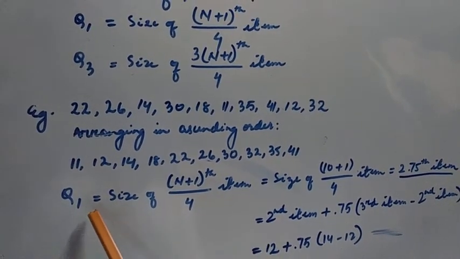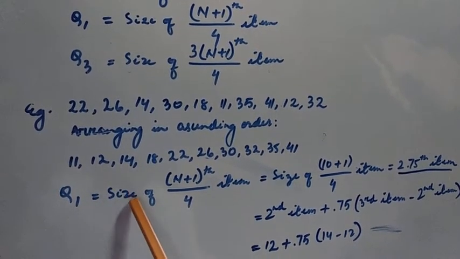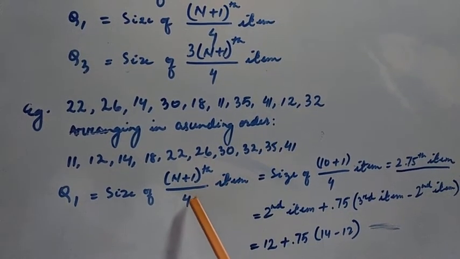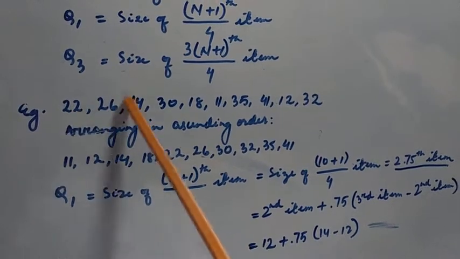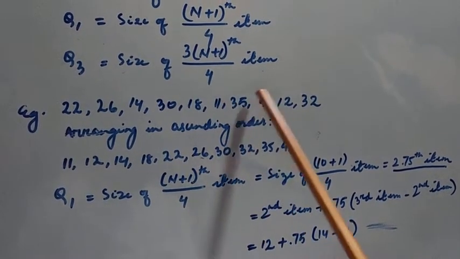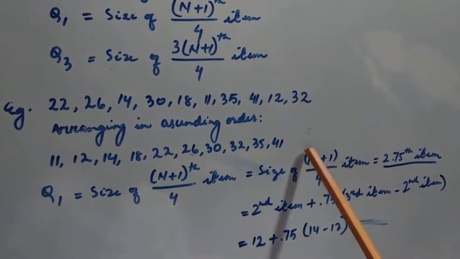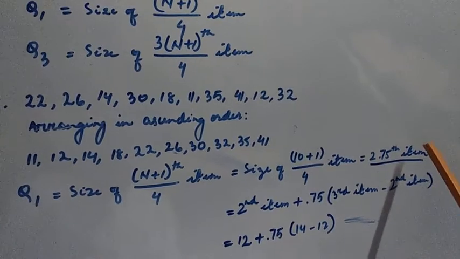To find the location of Q1, you use the formula size of (n plus 1) divided by 4 item. Here n is 10, so 10 plus 1 divided by 4, and when you simplify this, you have the 2.75th item.